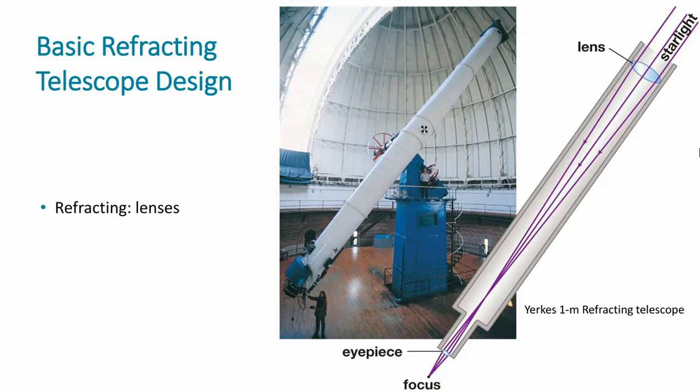The objective lens is the front one, and this is the 1 meter lens. So the diameter of this tube at the top is 1 meter to accommodate this 1 meter lens.